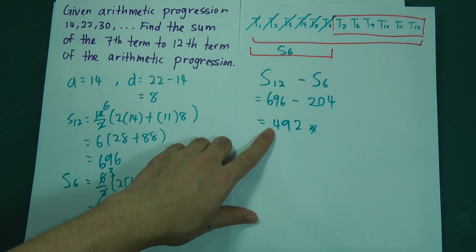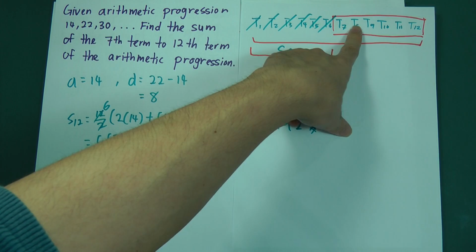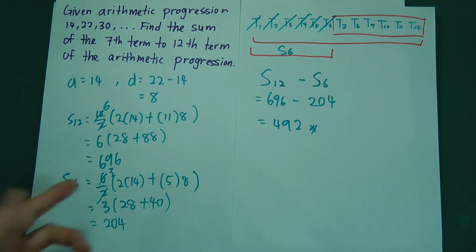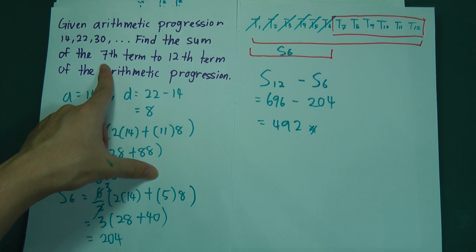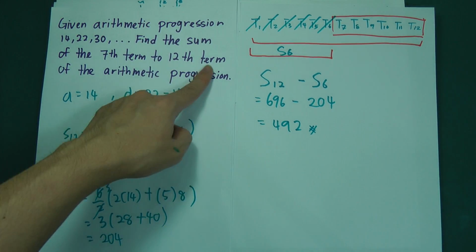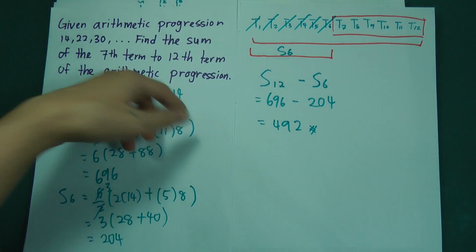This 492 is T7 plus T8 plus until T12. So this is the way when he wants to find the sum of the middle terms, meaning the terms in the middle.